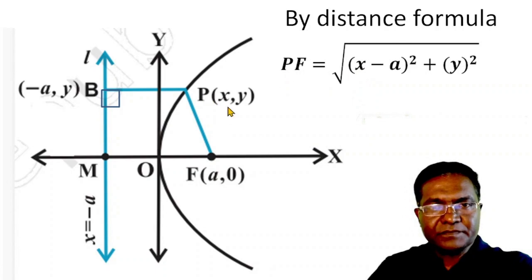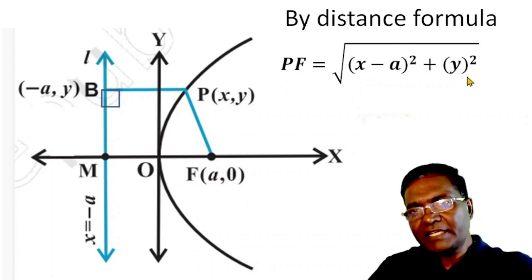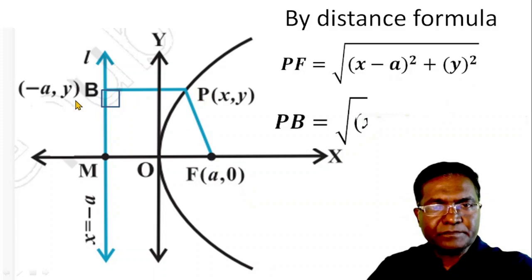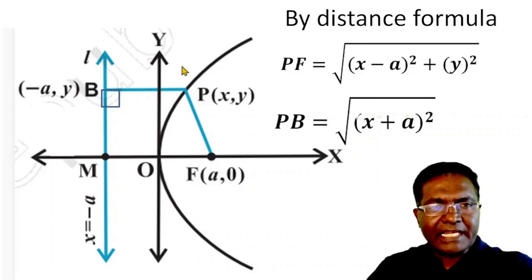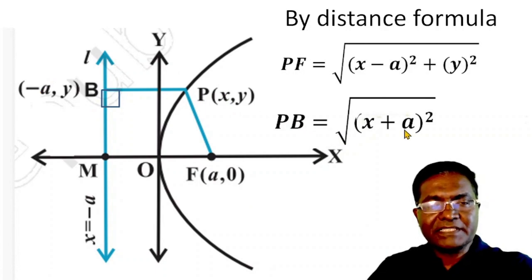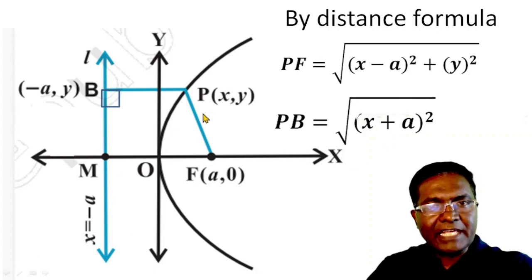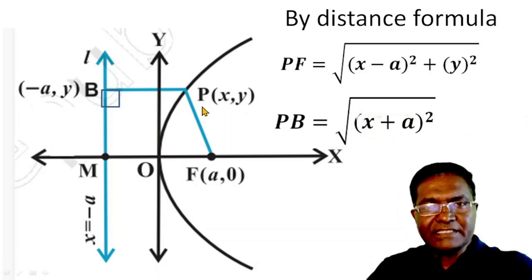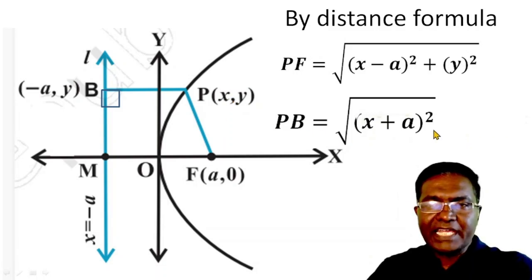Here PF is the square root of x minus a whole square plus y minus 0, that is y, so x minus a whole square plus y square. Similarly, apply the distance formula for PB. PB is x minus of minus a, that is x plus a whole square, and next y minus y becomes 0. So PB is just the square root of x plus a whole square.